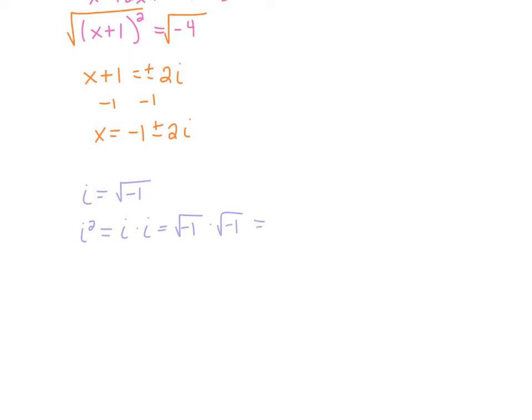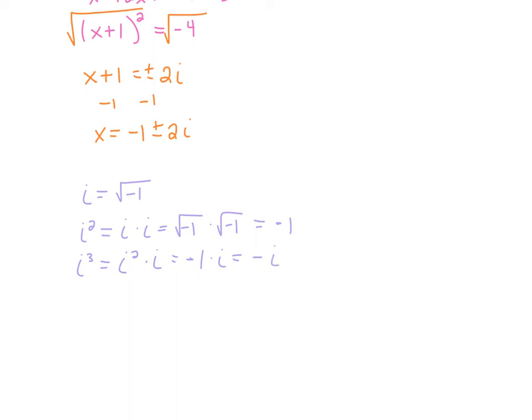They have the same thing underneath the square root, so that just equals -1. i cubed is the same thing as i squared times i. We just saw that i squared is -1, so -1 times i is just -i.